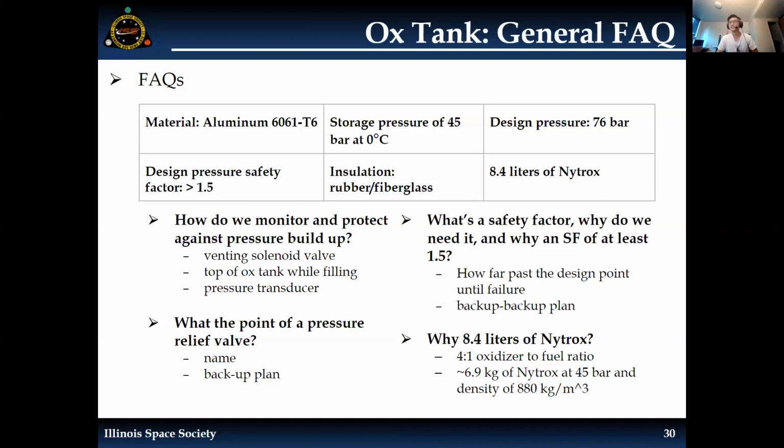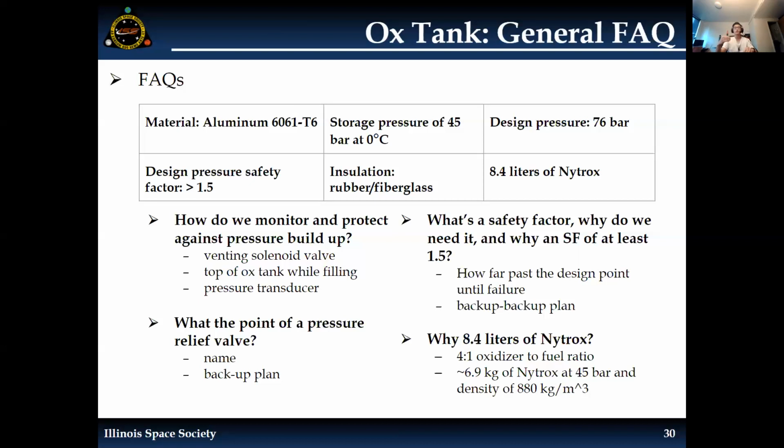I know people have been asking in chat. Okay, wait, if we only want the oxidizer at 45 bar and the relief valve keeps it at 45 bar, then why do we need the solenoid and transducer? So the relief valve actually doesn't keep it at 45 bar. The relief valve doesn't actuate at 45 bar.